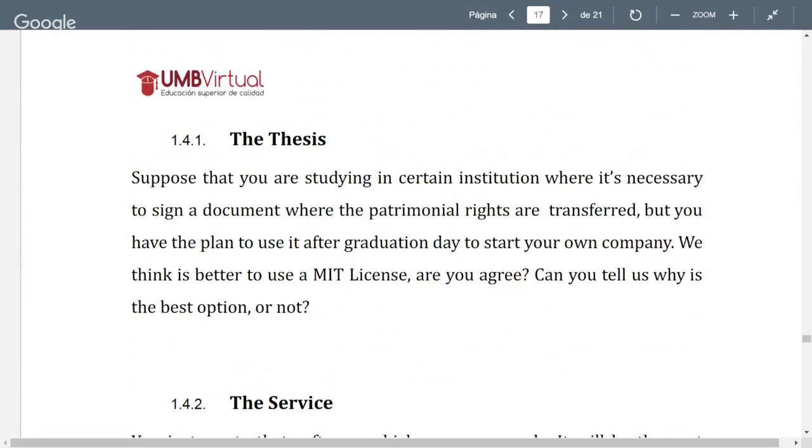In the part of the personal reflection, I want to ask you if you will do it. I'm sure you are doing your work to get the degree. So are you putting a license? And if you are not thinking about it, your advisor, maybe he or she has something to tell you about the license that you will put in your thesis, if you are doing software, of course.